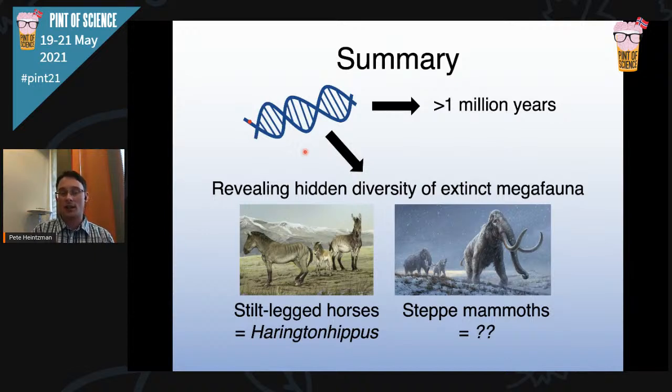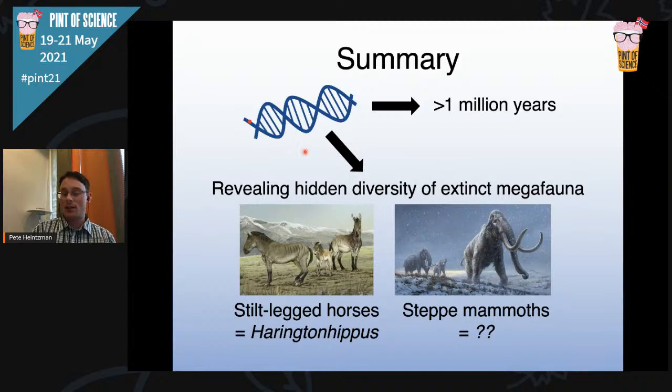We've shown that the stilt-legged horses are actually probably their own genus. They definitely fall outside of the diversity of living horses and donkeys and zebras. And the steppe mammoths, we don't know yet. This is something that's ongoing to try and determine what's going on.